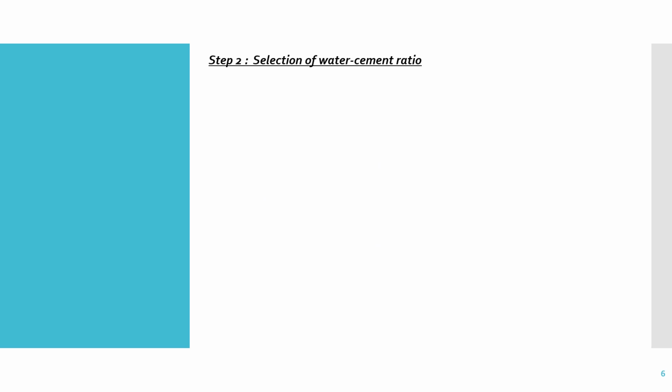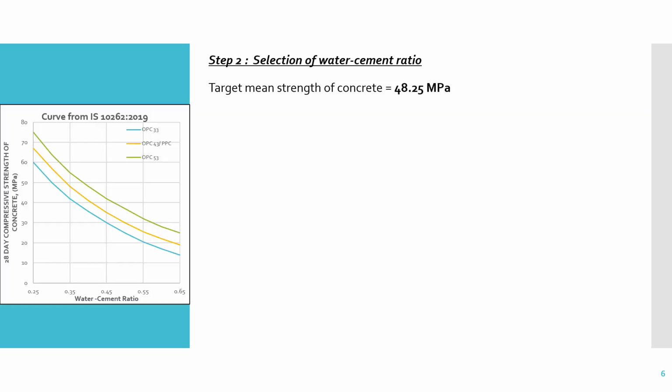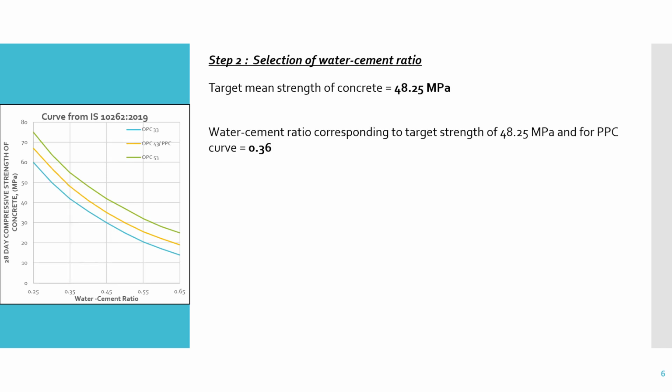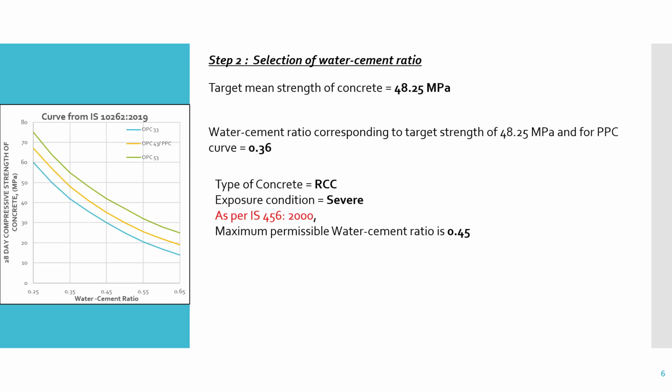Step 2 was selection of water cement ratio. From the chart given in IS 10262, corresponding to a target strength of 48.25 and for PPC cement, the water cement ratio comes out to be 0.36. This has to be checked against the maximum permissible water cement ratio as per the exposure conditions.